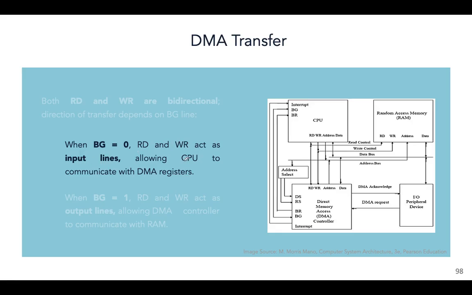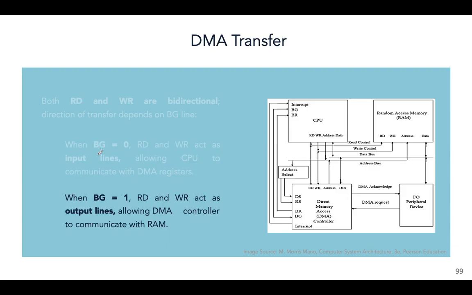That means CPU can communicate with the DMA registers. CPU can have direct access to the DMA registers when BG is equal to 0. When BG is equal to 1, read and write lines act as output lines, allowing the DMA controller to communicate with RAM. So you see how the flow of data from input to output depends on whether CPU is in charge of the buses or DMA controller is in charge of the buses.